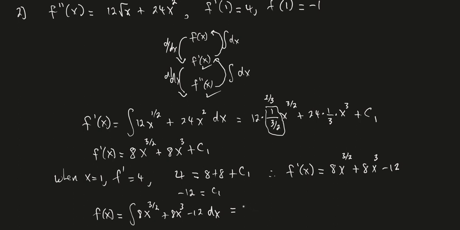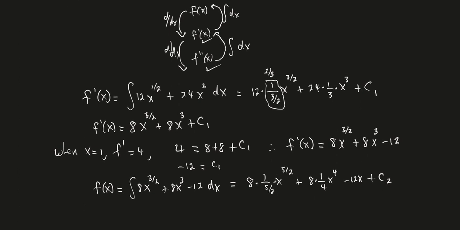So we're going to have 8 times, when I add 1 to this power, it becomes 5 halves. So 1 over 5 halves times x to the 5 halves, plus 8 times 1/4 x to the 4th, and then minus 12x plus c2, right?